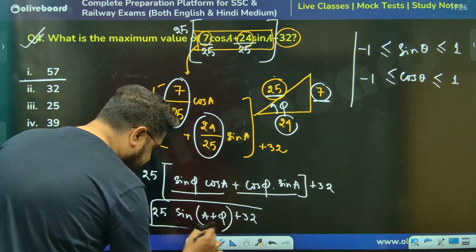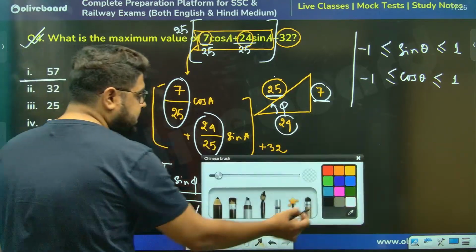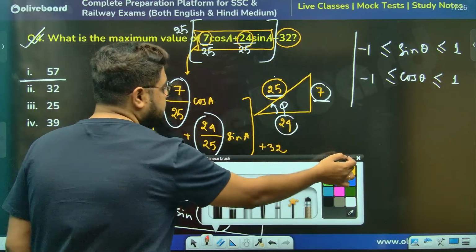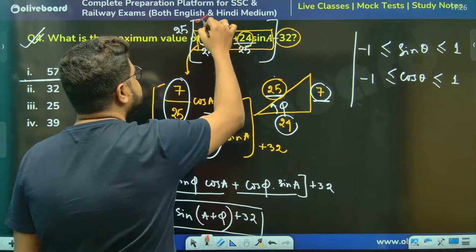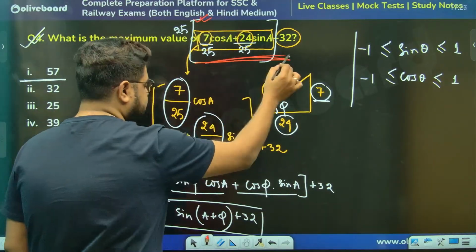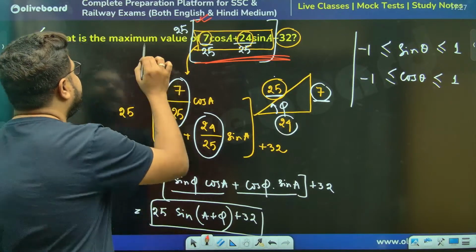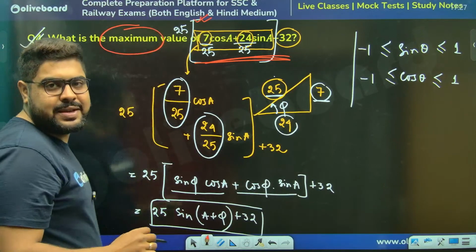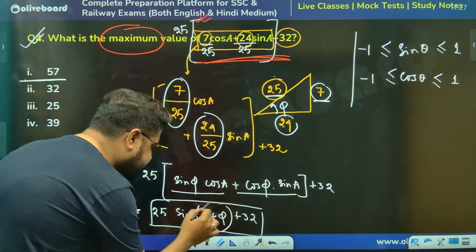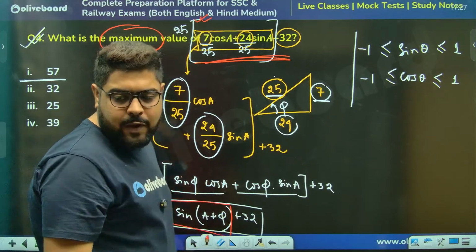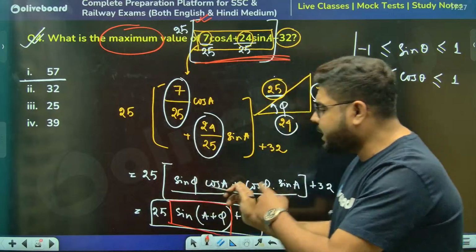You understand now, sir. This is what you have gotten here. This particular thing is equal to this particular thing. Sir, sine, I need what? I need the maximum value, sir. What can be the maximum value of any sine theta?